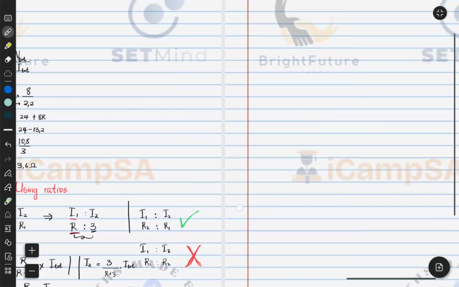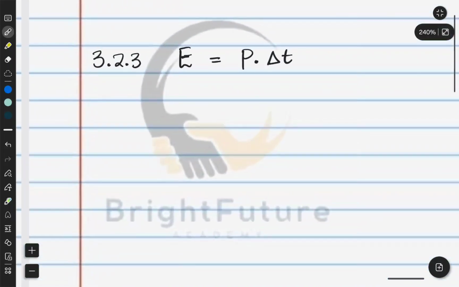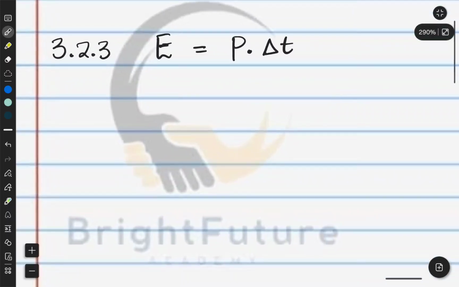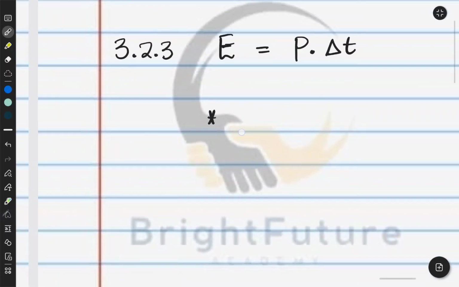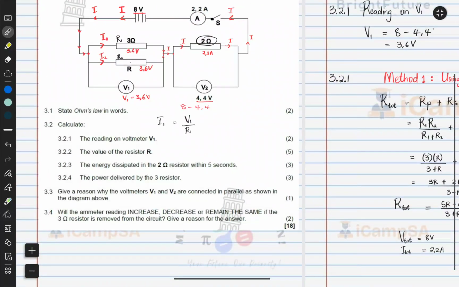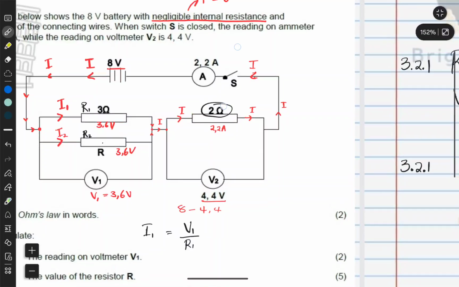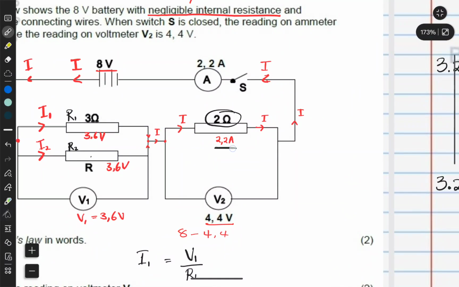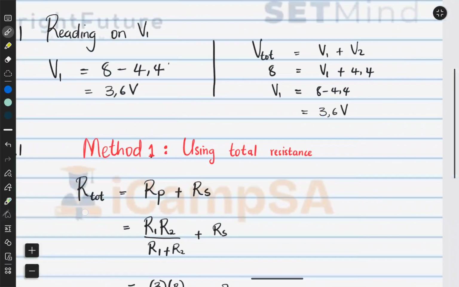We already know the resistance and the time, right? So what else do we know about the 2 ohm resistor? Because we can't use those two only to find the energy. The 2 ohm resistor receives 2.2 amps, and it also has 4.4 volts.